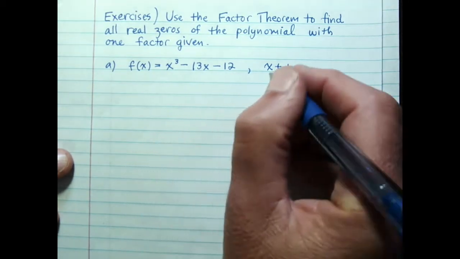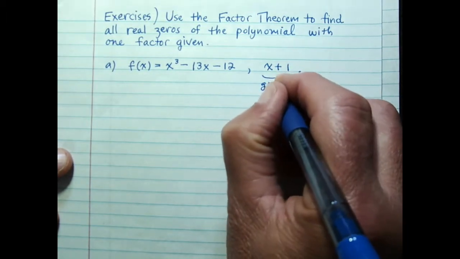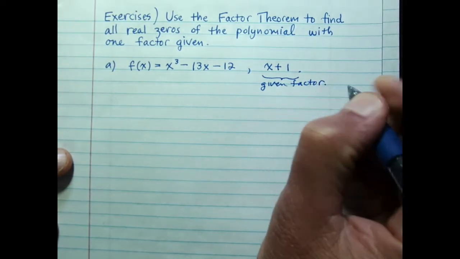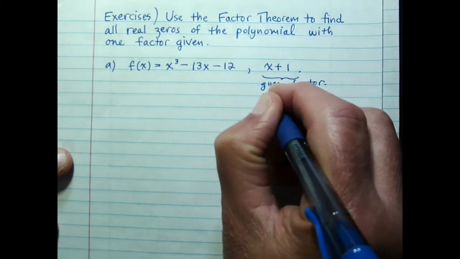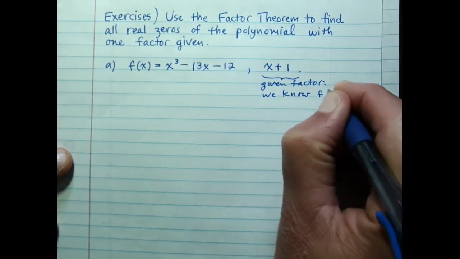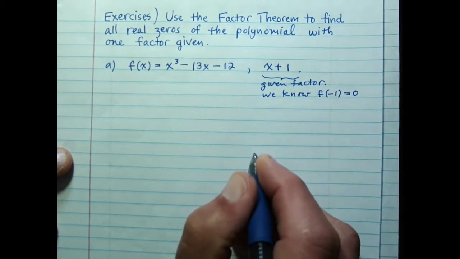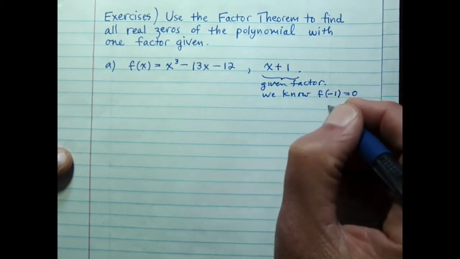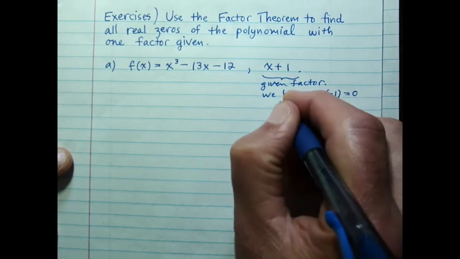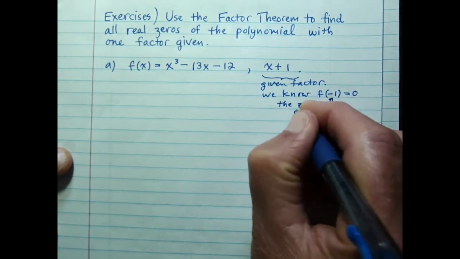Now x plus 1 is a given factor. So that means we know that f of negative 1 is equal to 0. The corresponding 0, or the k value, is negative 1.